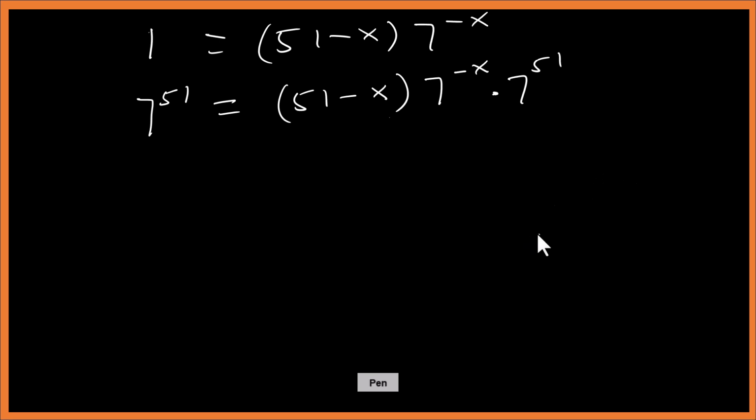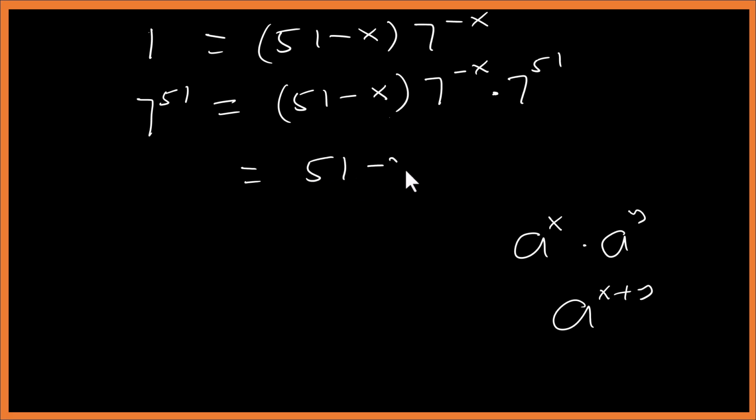Now when we're given a to the power x times a to the power y, it is the same as a to the power x plus y. So I'll add the exponents since the bases are equal. So I have 51 minus x times 7 to the power 51 plus minus x, which is 51 minus x.